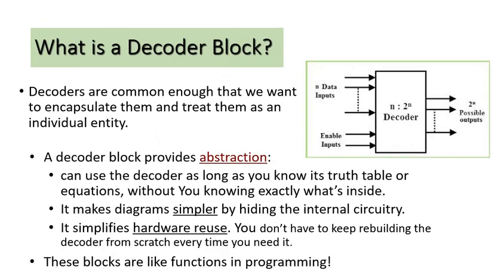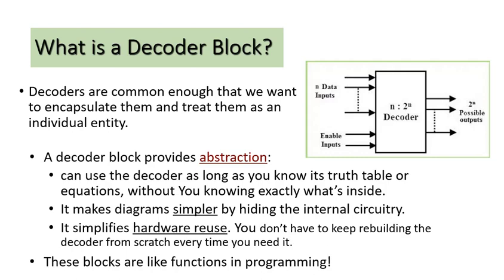Now coming to what is a decoder block. Now the decoders are common enough that we want to encapsulate them and treat them like an individual entity. So a decoder block provides abstraction, meaning it can be represented in the form of a block.